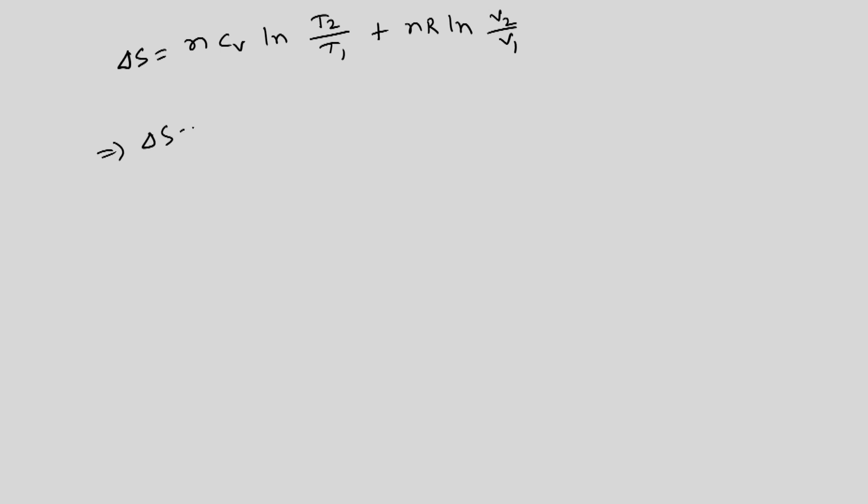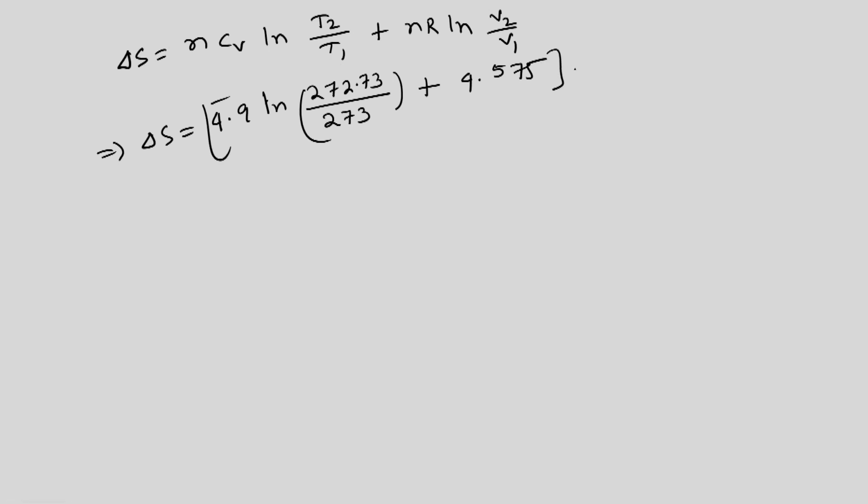So, we get delta S is 4.9 ln (272.73 by 273) plus 4.575, which is calorie per Kelvin.